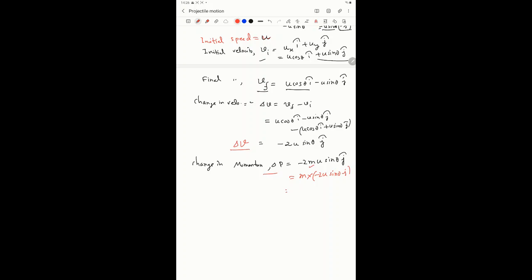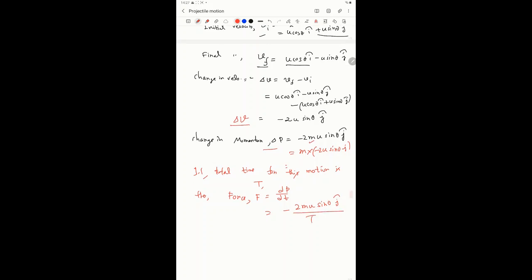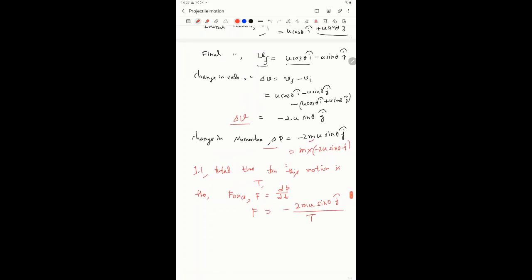If the total time for this motion is t, then the force F acting on the particle, since force is the rate of change of momentum, dp/dt, is the change in momentum, minus 2mu sin theta j cap, divided by t. This will be the force acting on the particle.